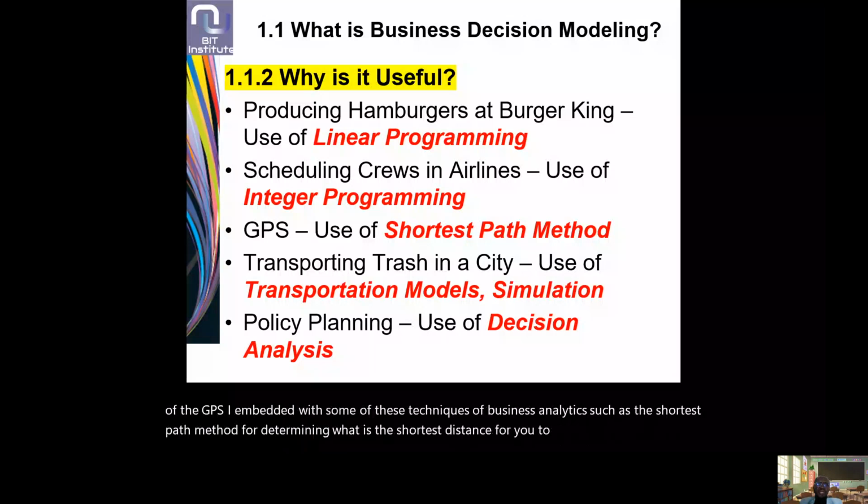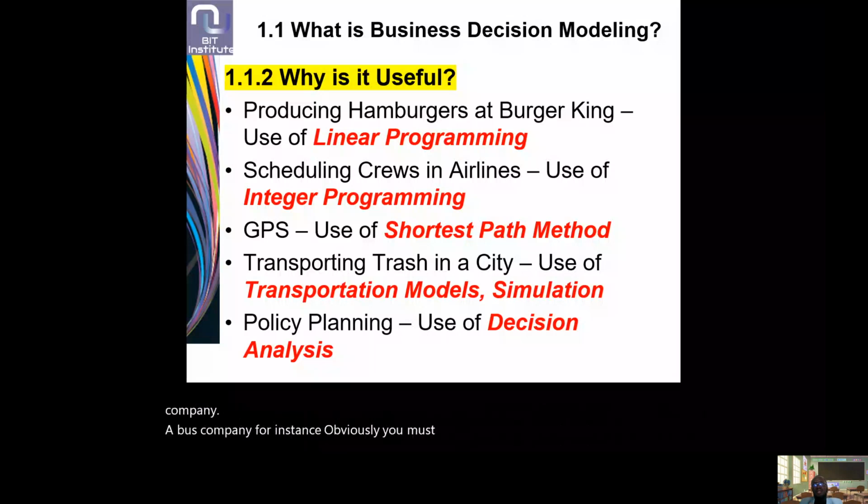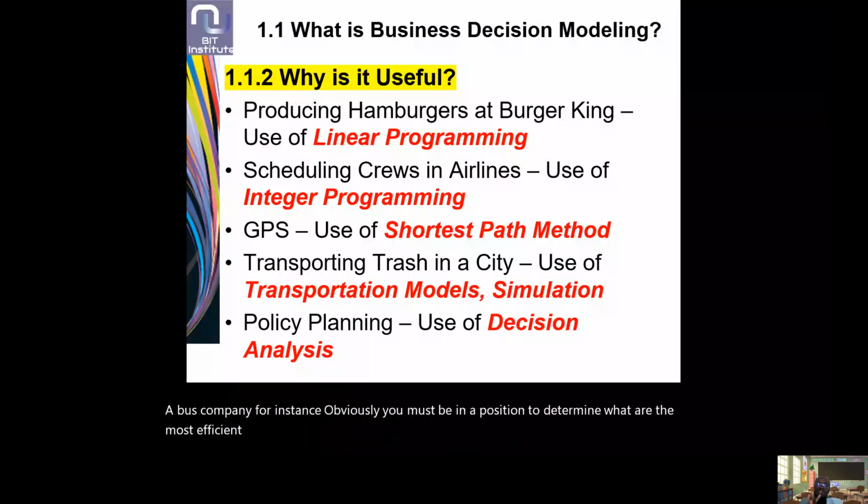We also have other applications. For example, in transportation, we have transportation models. If you're a transport manager of a bus company, for instance, obviously you must be in a position to determine the most efficient routes for the buses that you have. How do you schedule these buses? So you may find within a transportation model there's a mix of different techniques that can be used to aid in modeling transport routes.